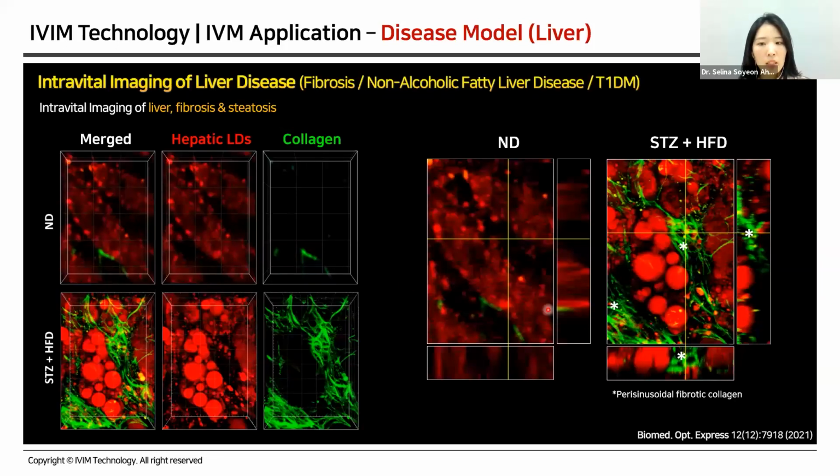And in the magnified 3D rendered images, the distinctive features of advanced fatty liver models, such as accumulation of lipid droplets and perisinusoidal deposition of fibrogenic collagen, were clearly identifiable. Furthermore, we could precisely quantify the volumetric proportion occupied by hepatic lipid droplets and collagen fibers in the liver tissue in vivo.